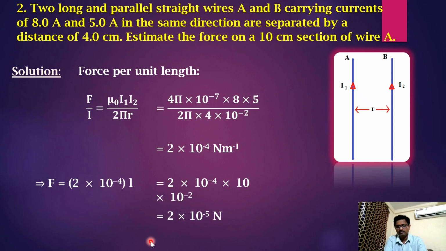If we simplify, we get 2 into 10 power minus 5 Newton. Next we will go with the third question.